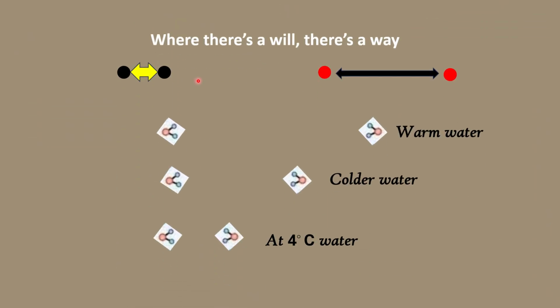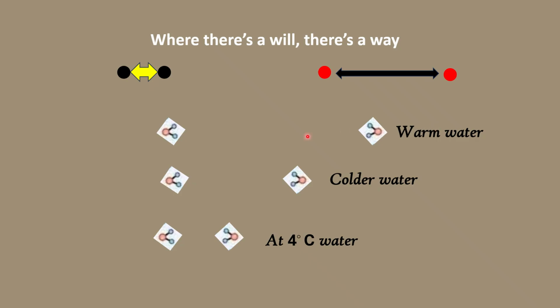So we have seen that if the temperature is higher, that means warm water, the distance of separation between molecules will be longer, and if the temperature is lower, that means cold water, the distance of separation between the molecules will be shorter.